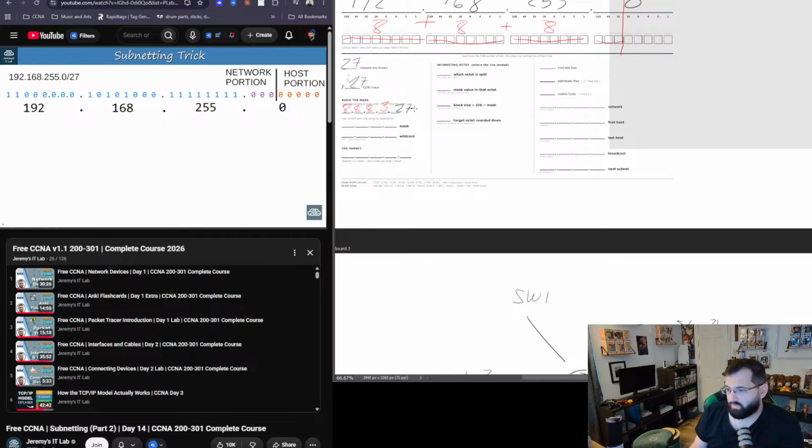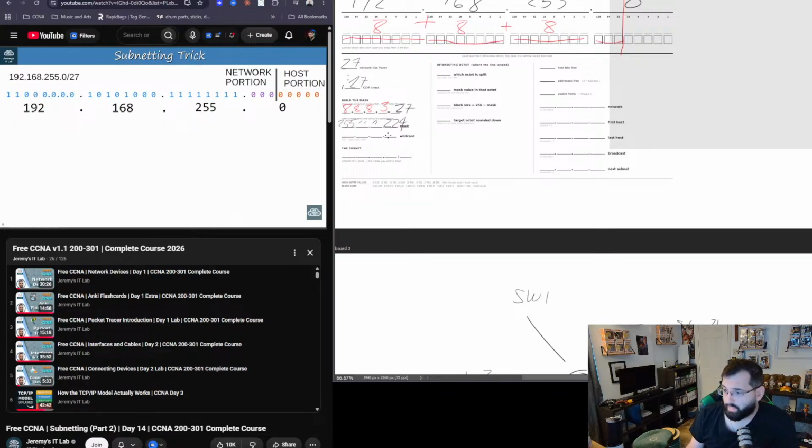So our mask is 255.255.255, and then we add 128, 64, and 32, which is 224.